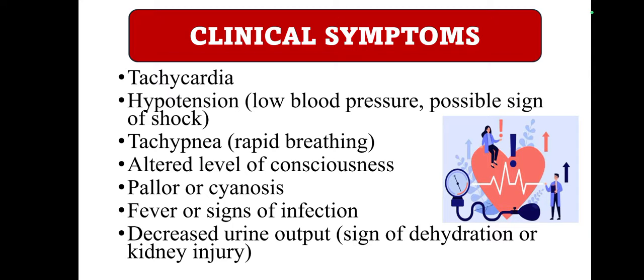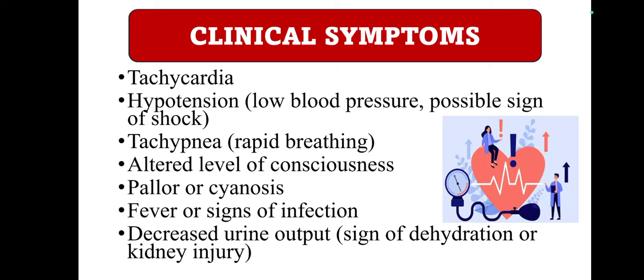Tachycardia and hypotension are the major signs from which we can identify that the patient is going to develop hypovolemic shock. Tachypnea, that is rapid breathing and increased respiratory rate, to maintain oxygenation of the tissues.